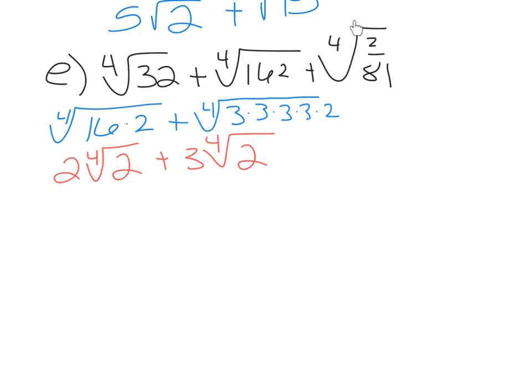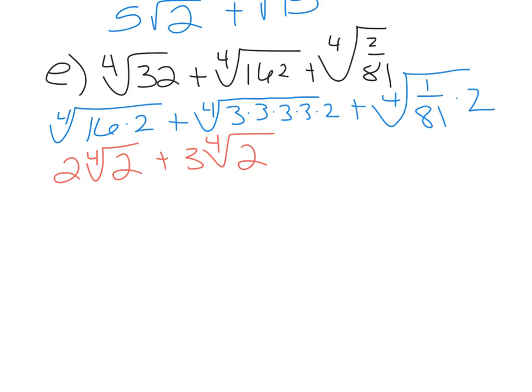Now, with this fraction, I don't know if you guys recognize the 81 was these 3's right here. So 81 is a perfect fourth, okay, and also 1 is a perfect fourth. So to simplify this fraction, you might want to just break it up to be 1 over 81 times 2.